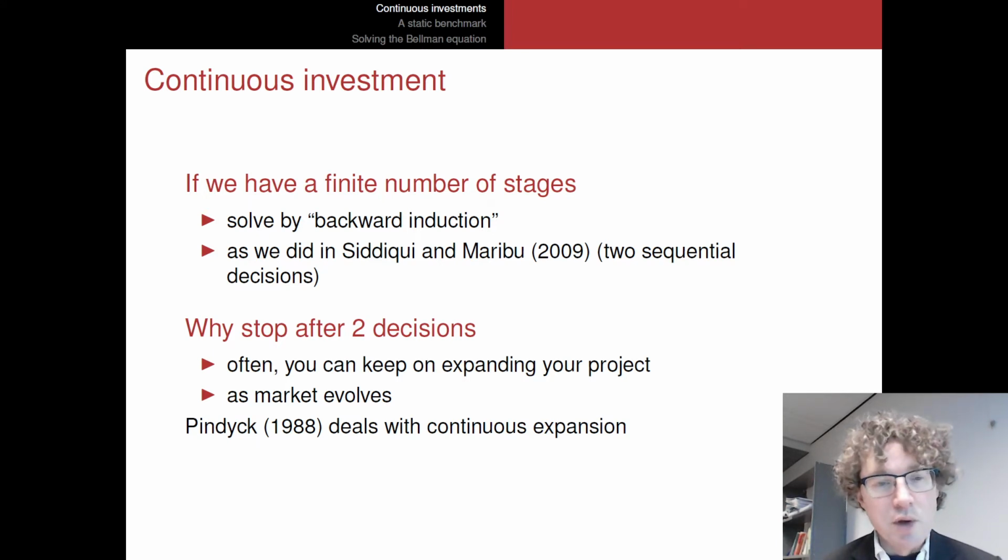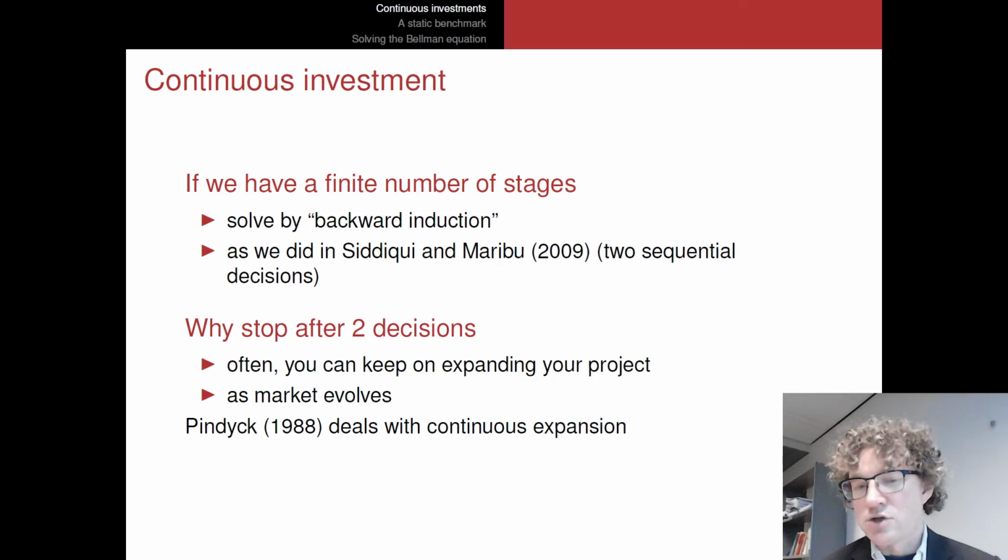So now you might wonder, of course, why should you stop after two decisions? So in practice, often there's many decisions. So if the market keeps growing, or if your demand keeps growing, you might want to expand your plant further. So today we're going to explore a paper by Pindijk, the same person who co-wrote the book that you have with Dixit, in which he actually looks at a model of continuous expansion of capacity.